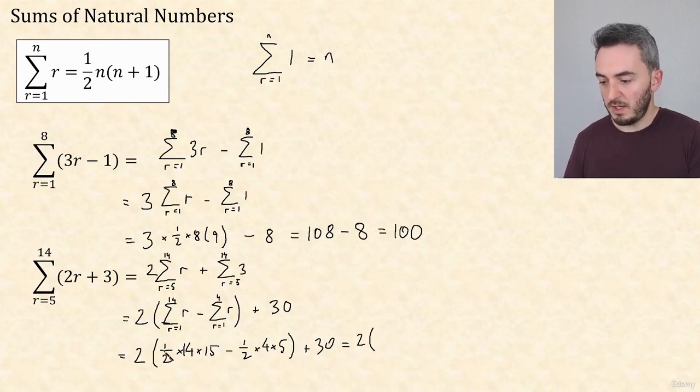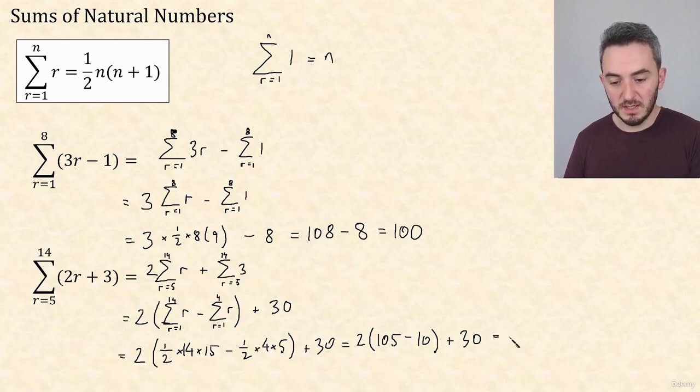So we've got half of 14 is 7, times 15 is 105, minus the ones we don't want, which is 10, plus 30. Evaluate all of that. We've got 95 here, times 2 is 190, plus 30 is 220.